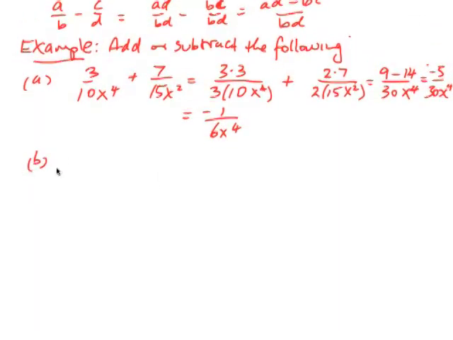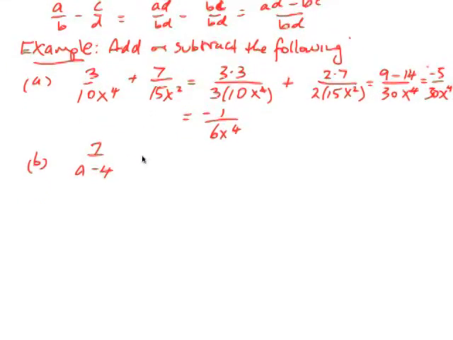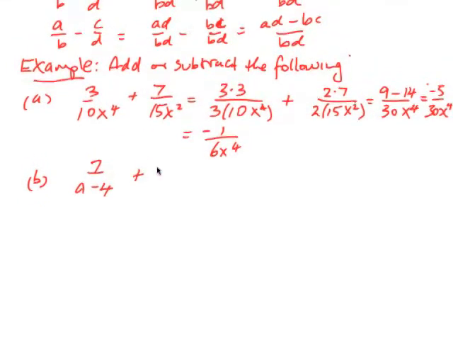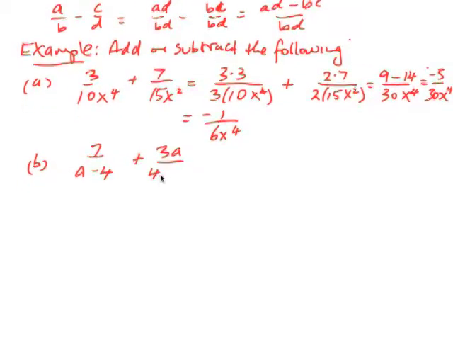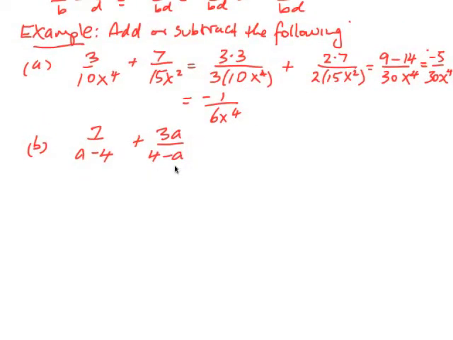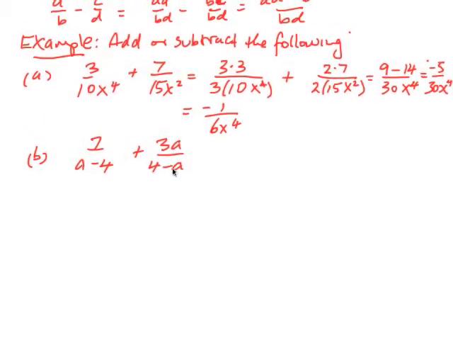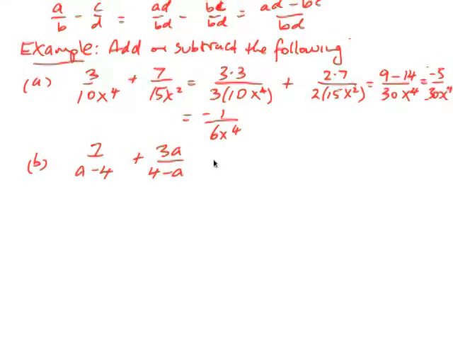Alright, let's do the second one. Let's suppose we have 7 on a minus 4 plus 3a over 4 minus a. Now the thing to notice here is that 4 minus a and a minus 4 are the same, except they're in the reverse order.